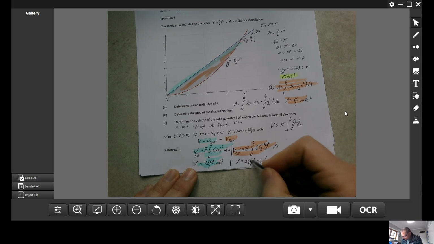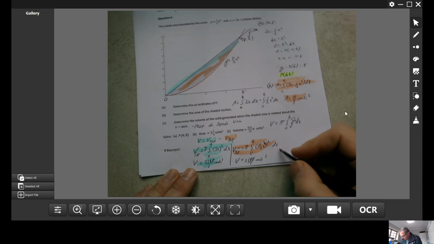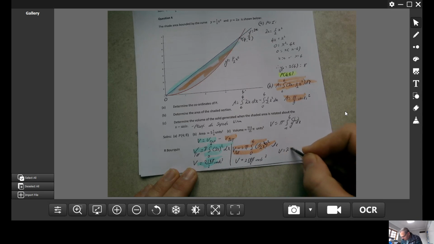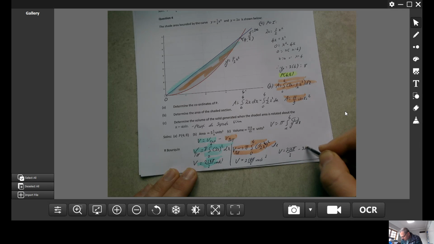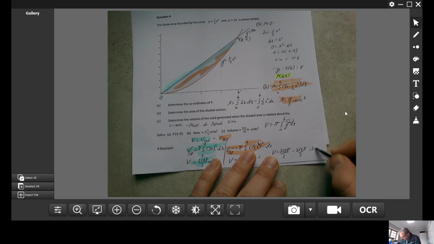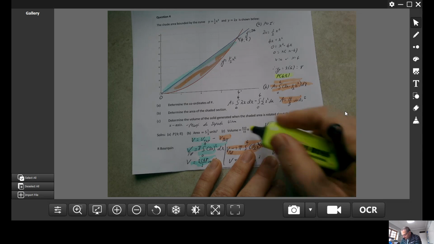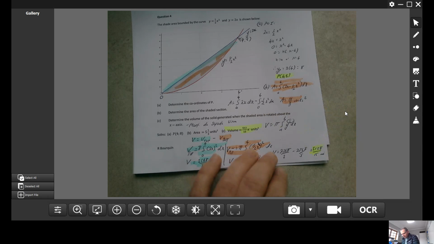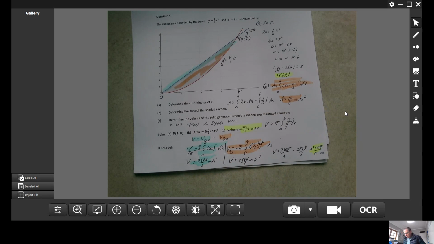So they're the same, but the one's over 3, so therefore your volume is 256 pi over 3 minus 256 pi over 5. And you should get a final answer then of 512 pi over 15 units cubed. Okay. So there's your final answer, 512 over 15 pi units cubed.